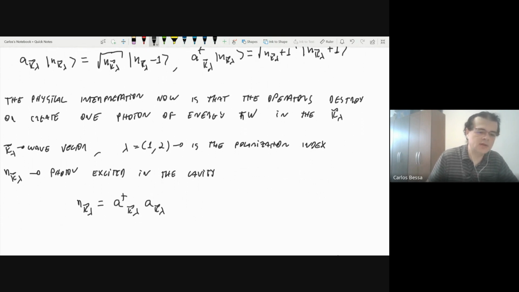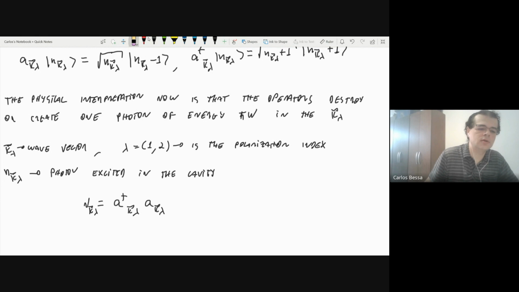I think in our notation we call it big N, the number operator.